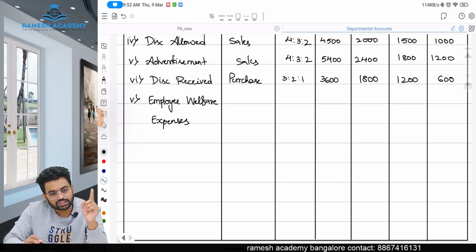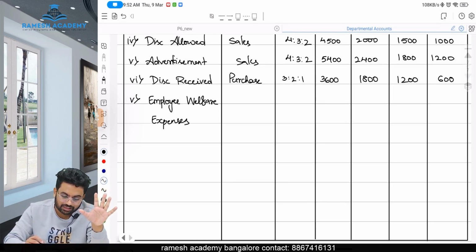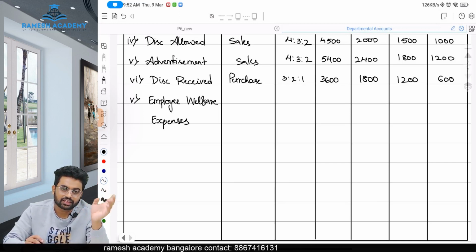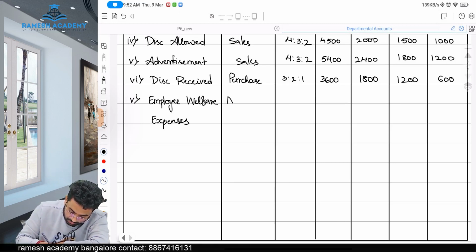The one who earns more will get more, the one who earns less will get less. But as the salary is not available, for this particular purpose we can go for number of employees. If the salary was available, we would have gone for that only. So it is number of employees.